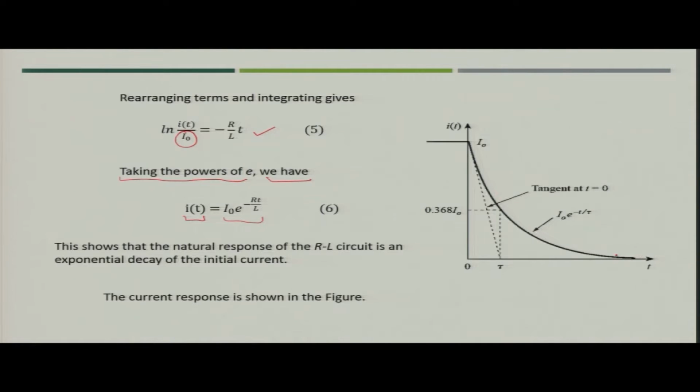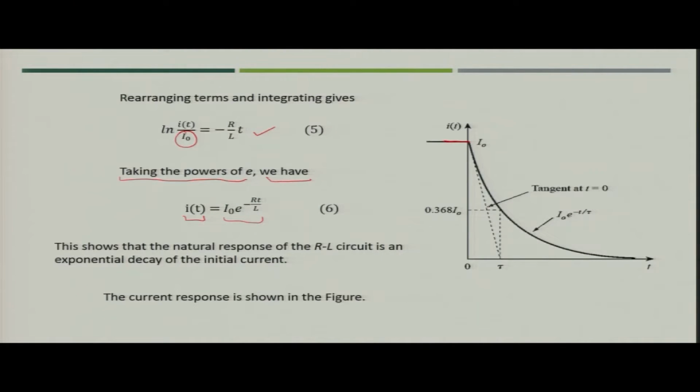The function would be exponentially decaying. It will start with the initial value I naught, and then it will decay with the function e to the power minus R t by L.